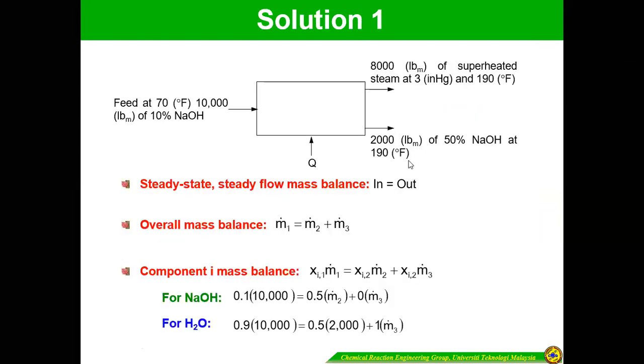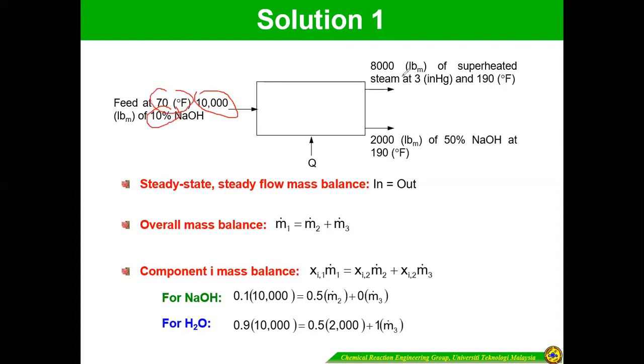If you look at here, what you have to do is generally draw the diagram, or if necessary, if there is a change in the mixing, you have to draw the hypothetical path. That is also possible. The feed is 10,000 pound mol with 10% NaOH at 70 degrees.